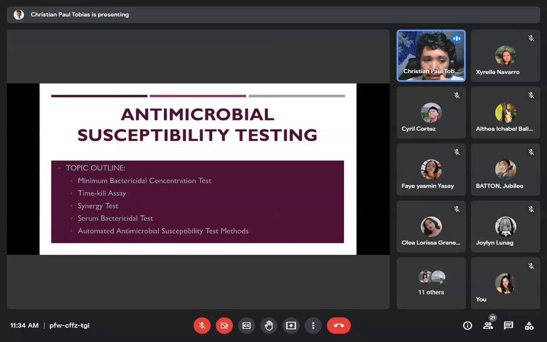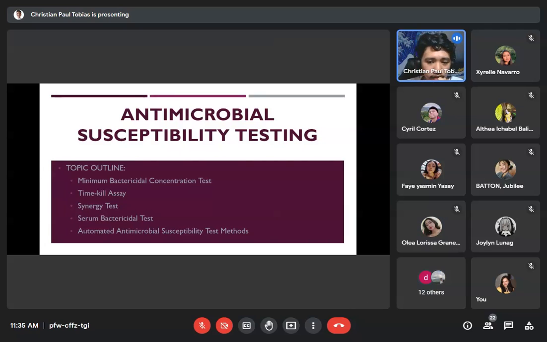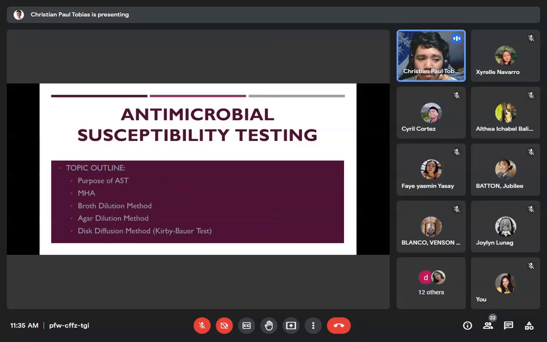Also, you have the minimum bactericidal concentration test, time kill assay, synergy test, and serum bactericidal. Honestly, I have not tried these; we never tried this. Even in your work, these are no longer done, because why do them when there's the disc diffusion method, which is more convenient and gives better results.